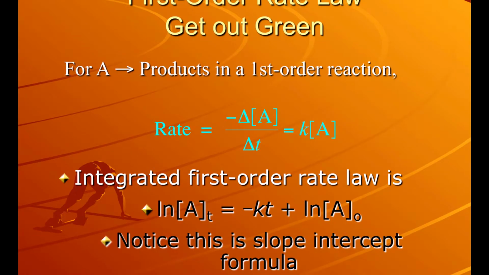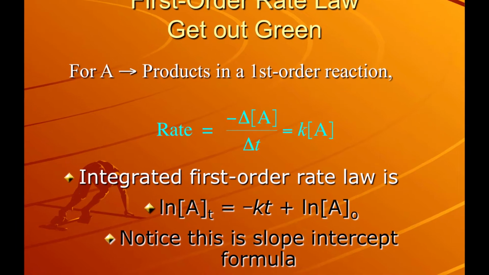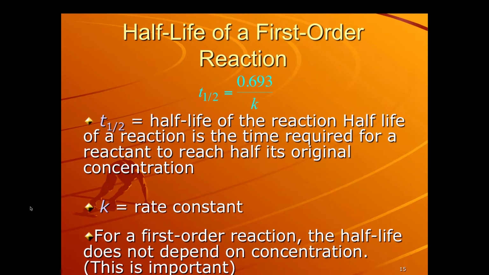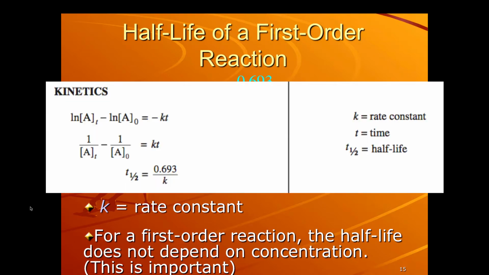So we can use this in class to find out all kinds of things. Since we're using up reactant and it's going away with time, we can also invoke something called half-life. Now for a first order reaction, this is one in which the exponent was 1, all you need to know is that there is a half-life equation, and this half-life equation is on the equation sheet.